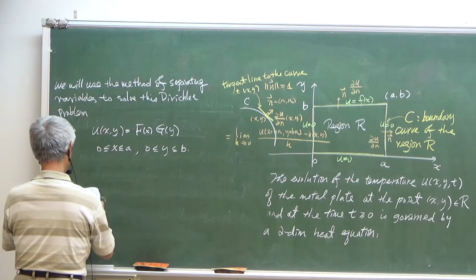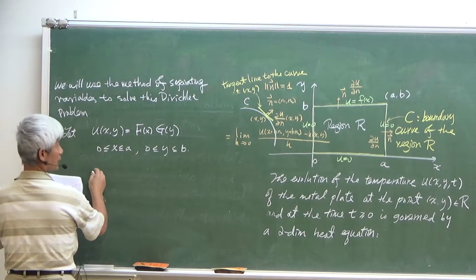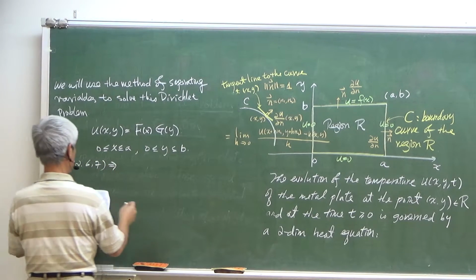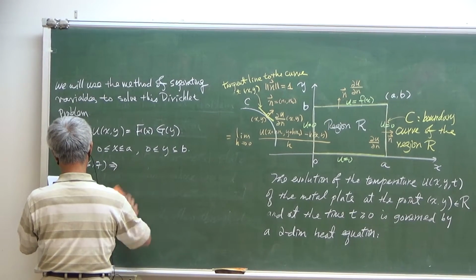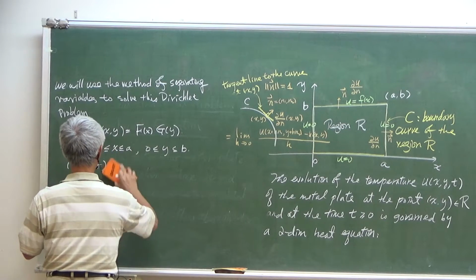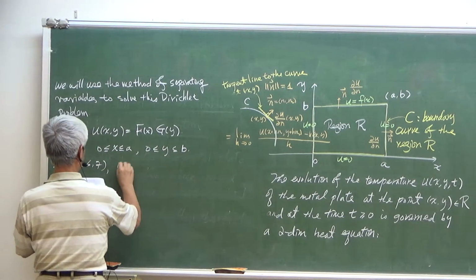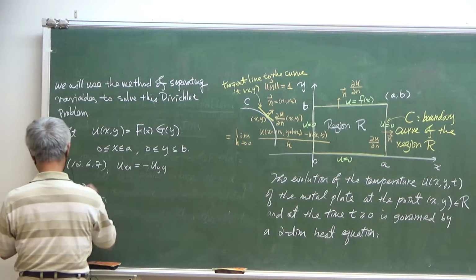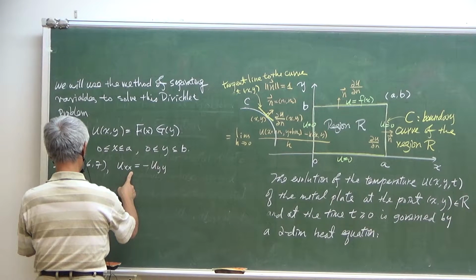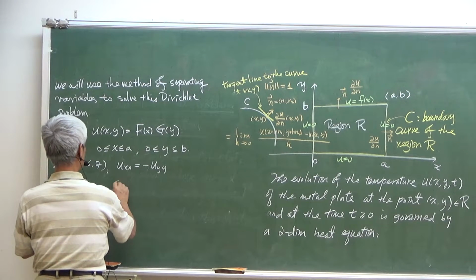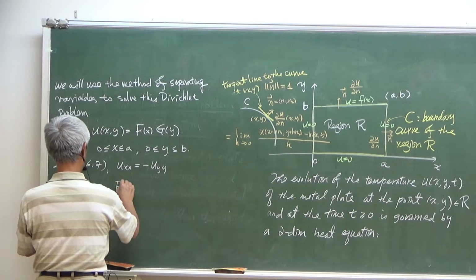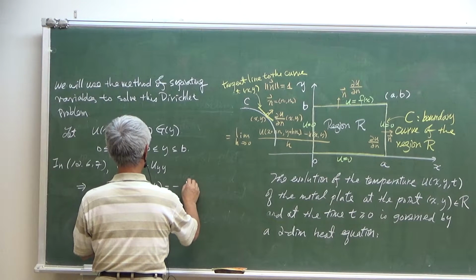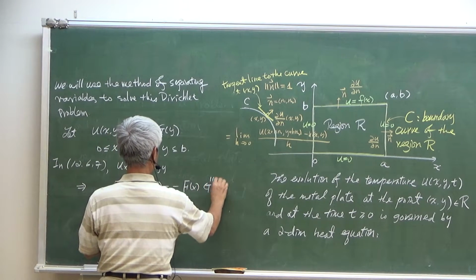Okay, so now 12.6.7 implies that we have f''(x) g(y) equal to minus f(x) g''(y). Okay?